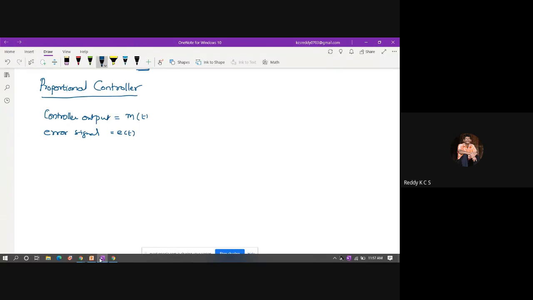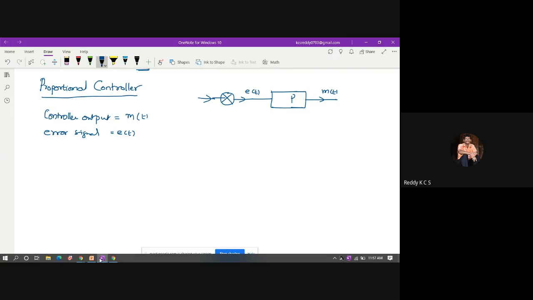If I write a block diagram which represents the proportional controller, this is the error detector, and this is the error generated, e of t, and here is the controller. We can call it a proportional controller. Then this is your m of t, the actuating signal or manipulated signal.